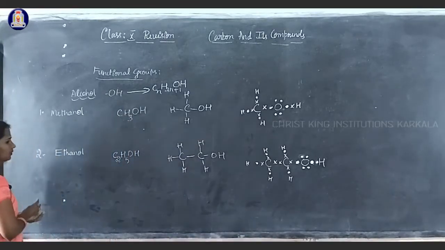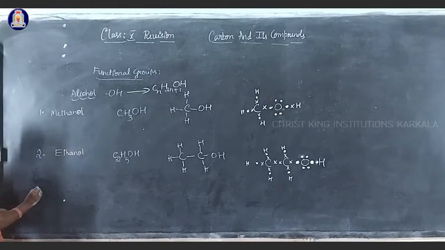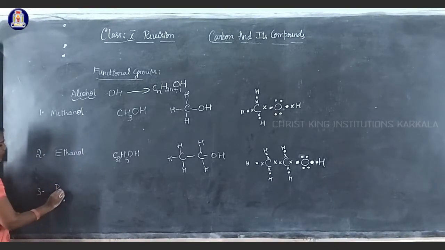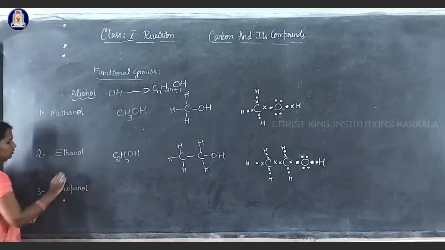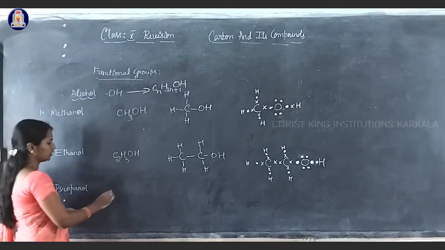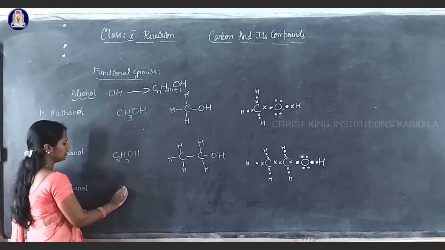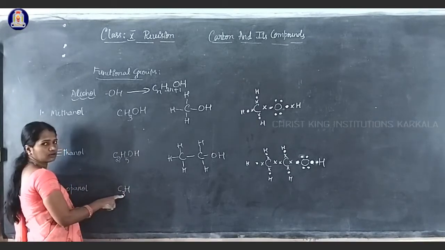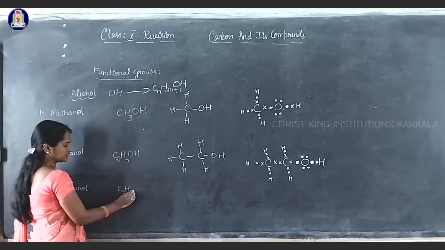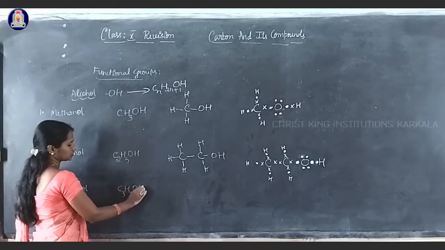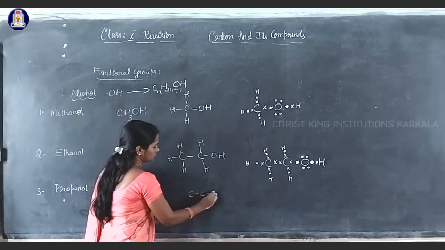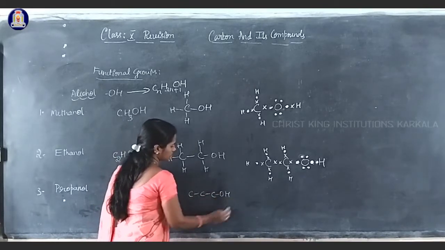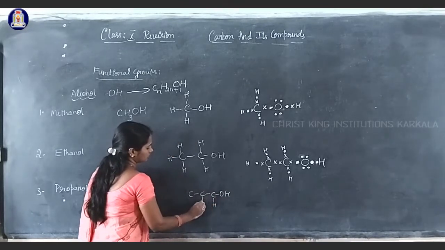We'll move to the third compound. Alright, third one, that is propanol. The formula of propanol is C3H7OH: 3 twos are 6 plus 1 is 7, OH. 3 carbon, 1, 2, 3, OH. This is hydrogen.